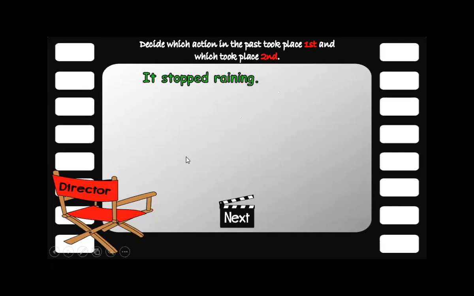Let's see the next example. It stopped raining. We took our dog for a walk. Farida Ahmed. Farida. Yes. I want to use after. Which action is first and which is second?